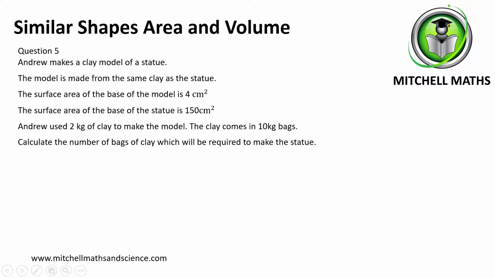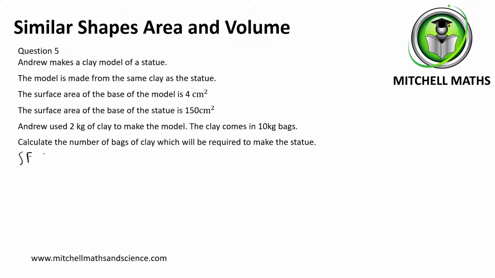Well, if we're looking at the mass of clay that we need, then the mass is sort of like the volume. It's important that it's the same clay because it means it's the same density. Right, so the first thing I'm going to do is work out the scale factor of the area. So I'll just write it here.